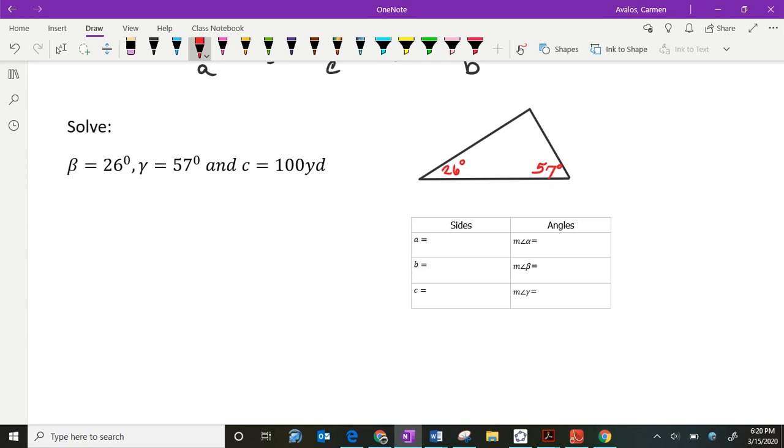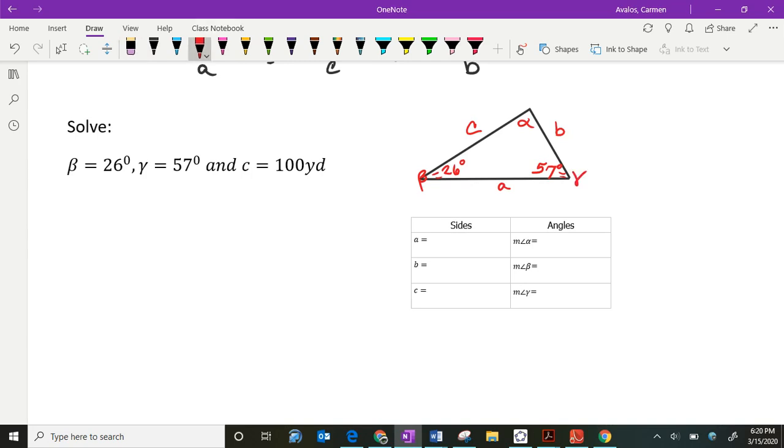So if this one here is gamma, and this one here is beta, then I know this has to be B because they're opposite of each other. This one has to be C, this has to be alpha, and this one has to be A. That's how you label your triangles.